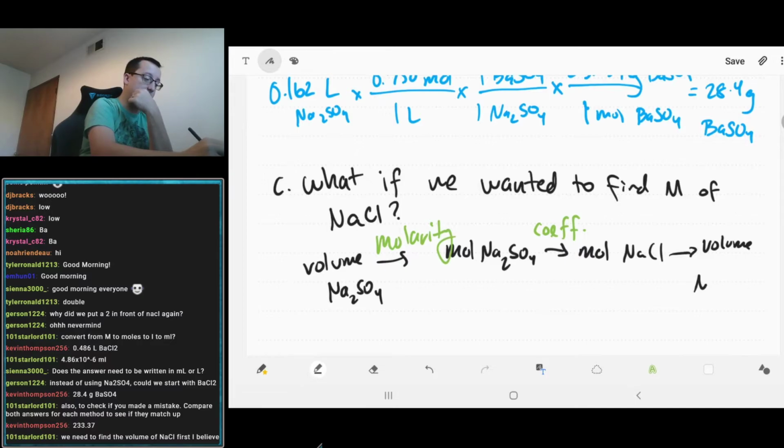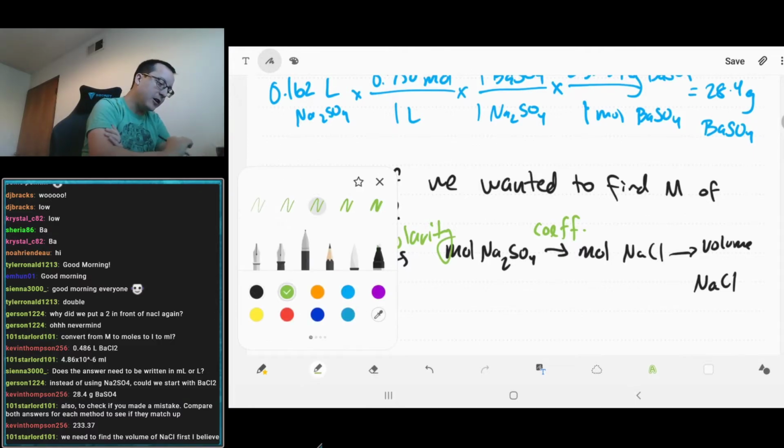So we would need the volume of sodium chloride in order to find the molarity, right? Because molarity is how these guys are related, right? How we can convert between the volume and the moles.